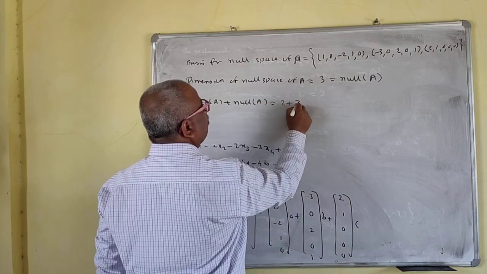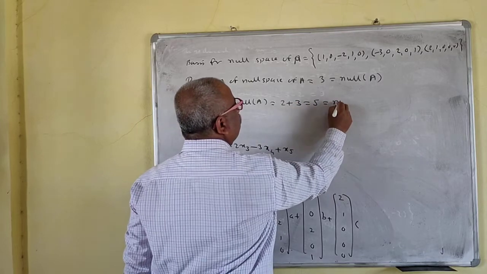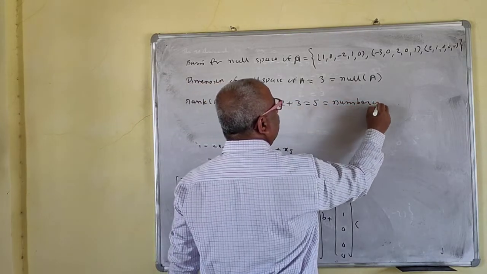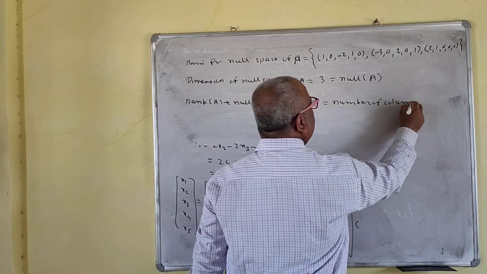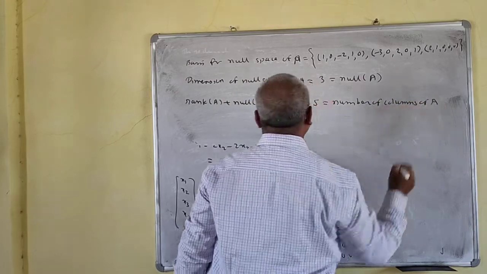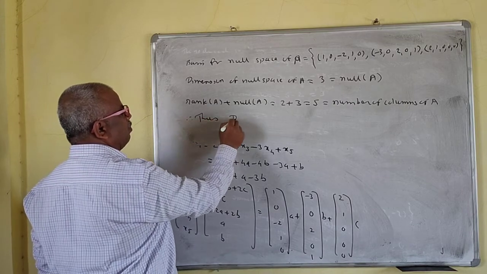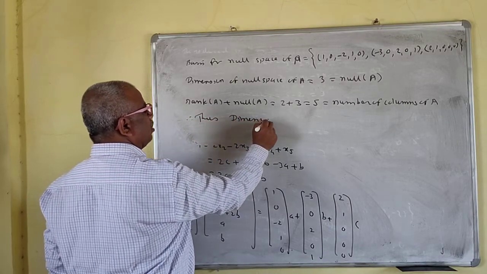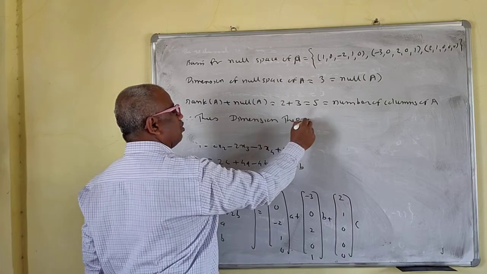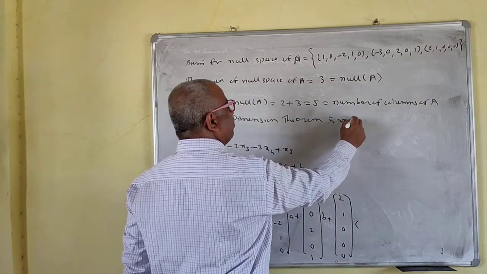It is 2. The nullity is 3. So the sum is 5, which is equal to the number of columns of A. Thus the dimension theorem is verified.